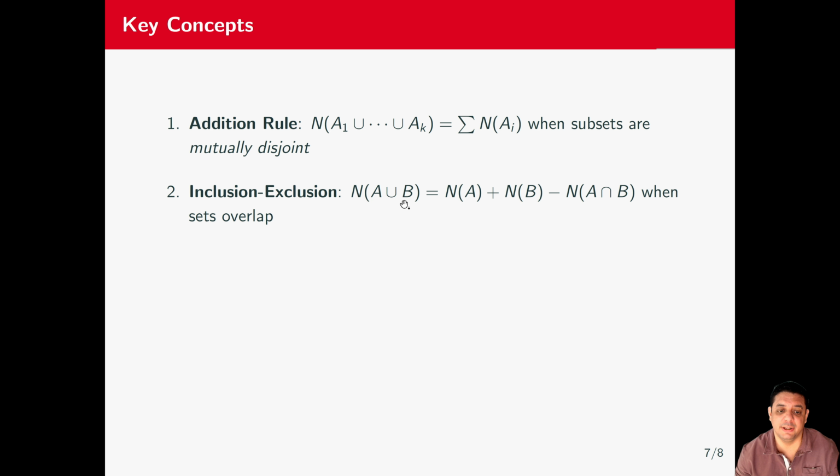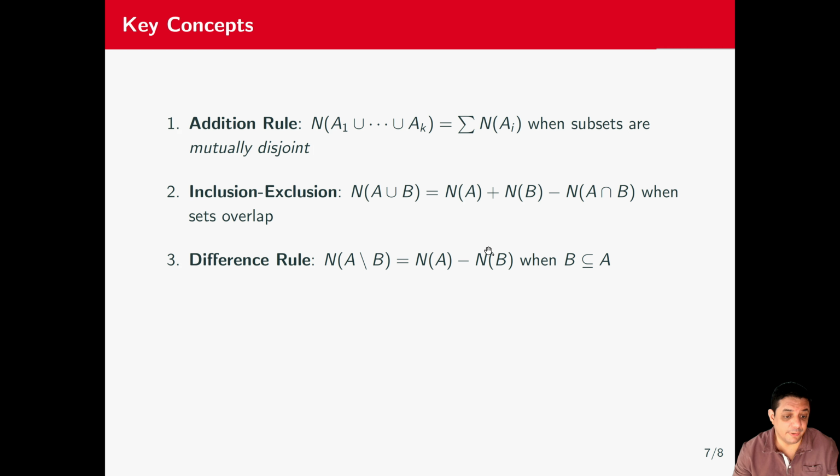So the number of elements in A union B is the number of elements in A plus the number of elements in B minus at least one time the intersection, since when we count the elements in A and the elements in B, we're counting the intersection twice. So we need to remove one of the intersections so it does not count twice.